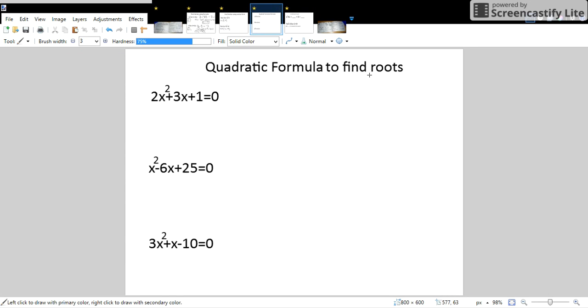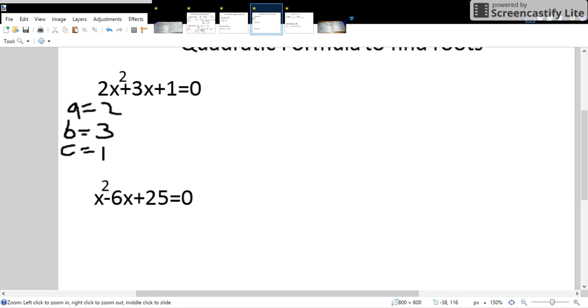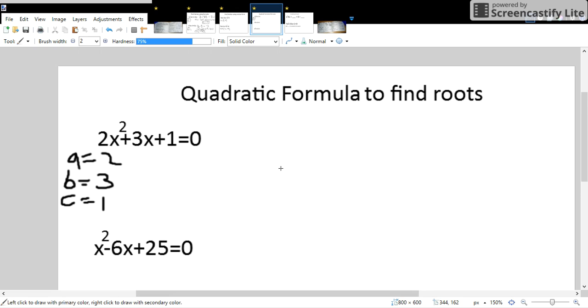So using the quadratic formula to find these roots. So on the first one, we know that a equals 2, b equals 3, and c equals 1. So we're going to use the quadratic formula to find our roots, which in this case, this is another one you could actually factor pretty easily.